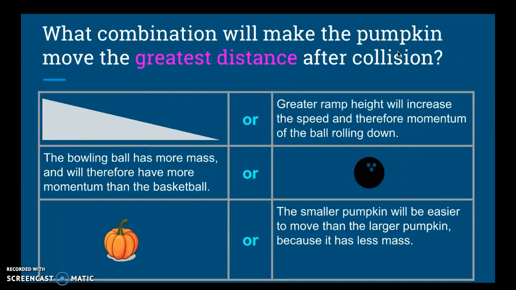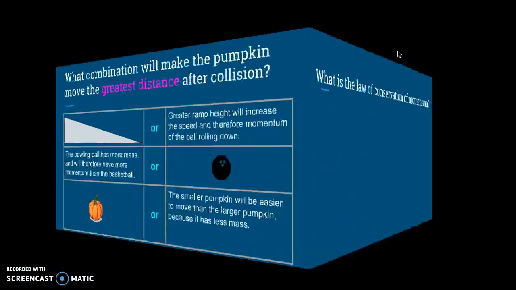So you will want to choose the greater ramp height to increase the speed or velocity and therefore momentum of that ball as it's rolling down. You also want to choose the bowling ball, which has more mass and will therefore have more momentum than the basketball. And you also want to choose the smallest pumpkin because it's easier to move than the larger pumpkin because it also has less mass.